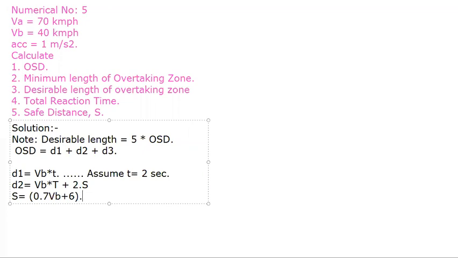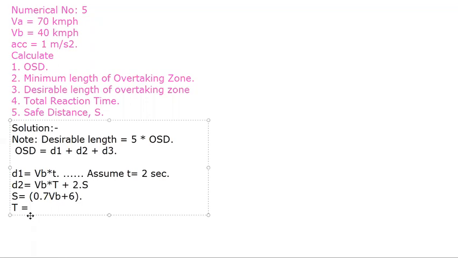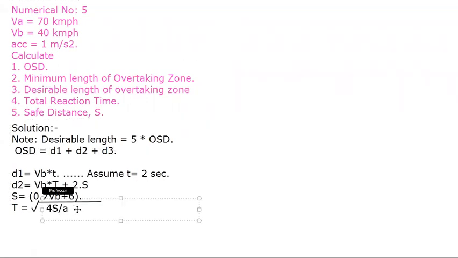By using this empirical formula, we get the value of S. After that, the value of capital T is equal to the square root of 4S by a.